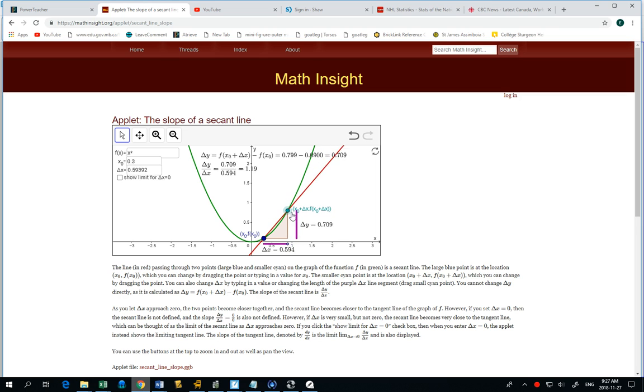And as I get closer and closer, the slope is approaching a number. And so we might estimate here, because the slope is at 0.614, maybe this slope is going to become 0.61, or maybe it's 0.60. And then that would be the slope of the tangent line.